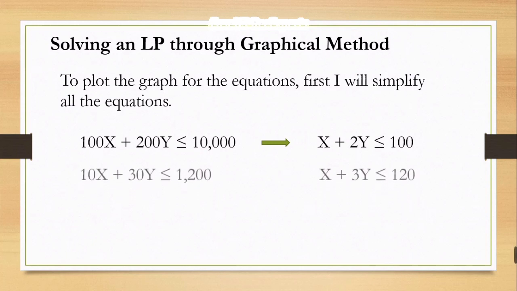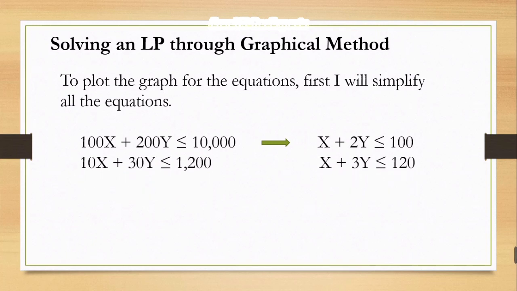Next, 10x + 30y is less than or equal to 1,200 can be simplified to x + 3y is less than or equal to 120 by dividing by 10. The third equation is in its simplified form. So we still have x + y is less than or equal to 110.